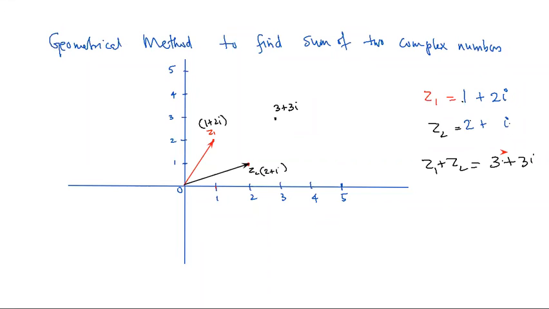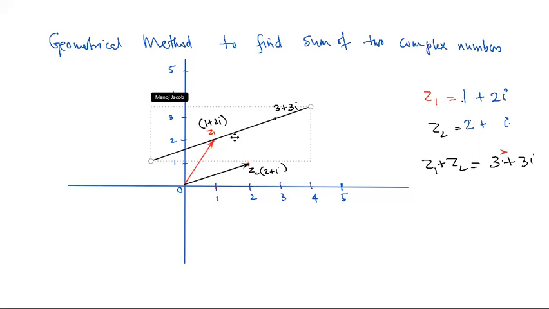Now I'm going to do the geometrical method. What the geometrical method is: draw a line parallel to this black line passing through Z1. Something like this.